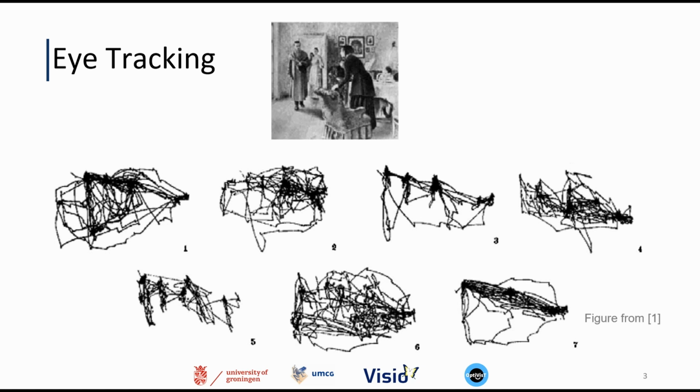So you can see the plot of where the eyes moved for 7 different people, and you can see each person had their own unique way of viewing the picture. So this was one of the interesting works that showed that eye movement is kind of unique to the person, and there is a lot of information in these signals.